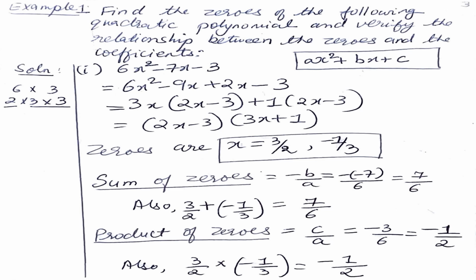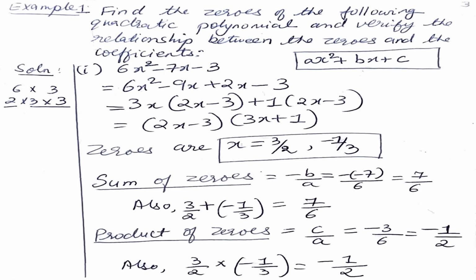Now, according to the relationship, the sum of zeros is given by minus b by a. Now, when you compare 6x square minus 7x minus 3 with ax square plus bx plus c, minus b by a will be minus of minus 7 by 6, which is 7 by 6. Also, you can verify that the sum of roots 3 by 2 plus minus 1 by 3 is also 7 by 6.